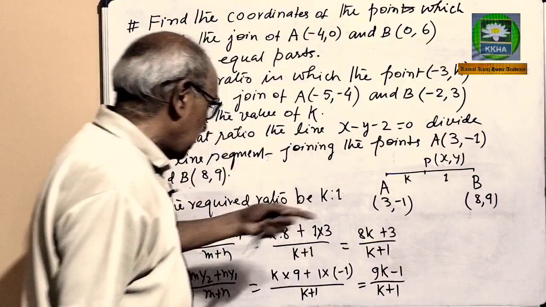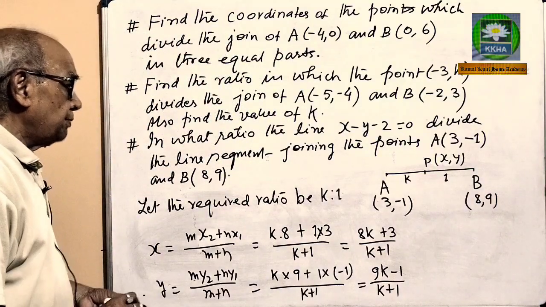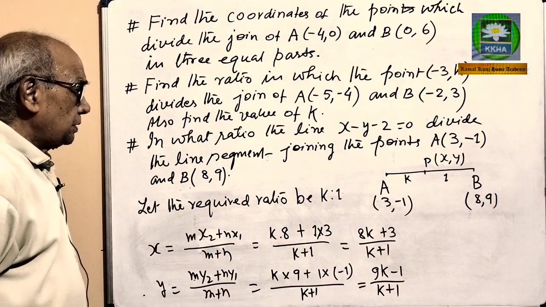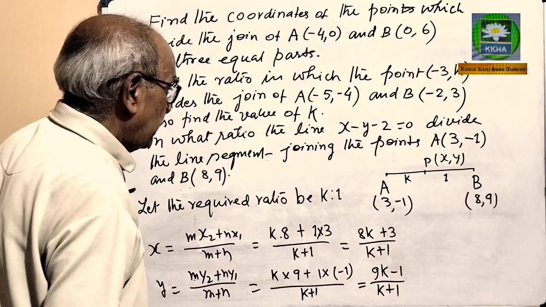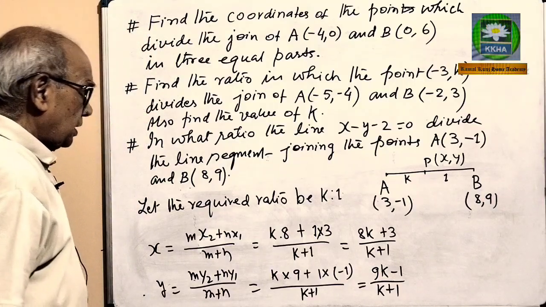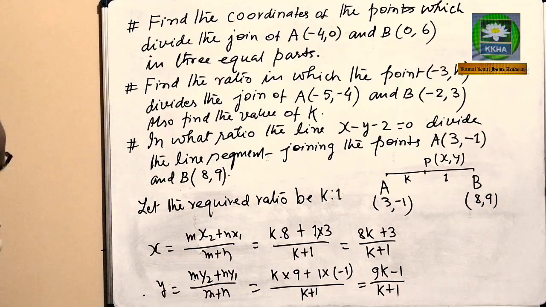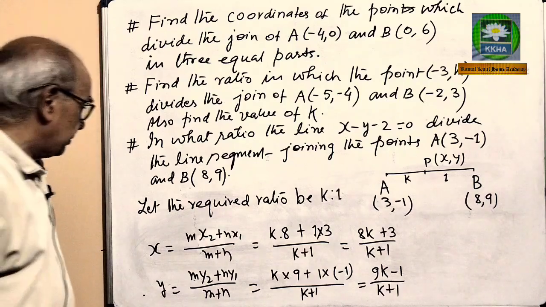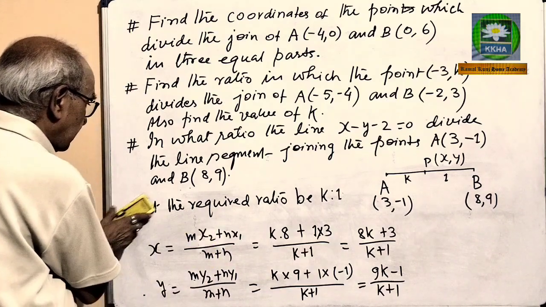So these are the coordinates of the point P. It divides the line segment AB in the ratio k is to 1.